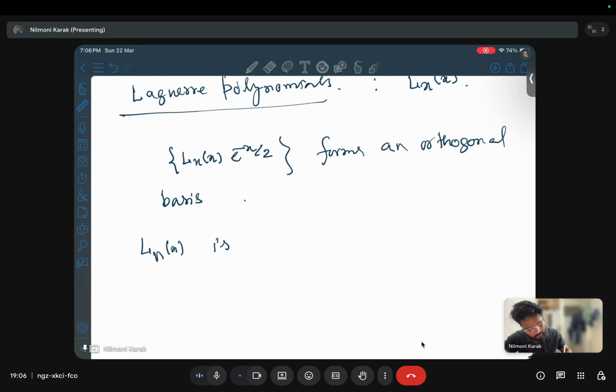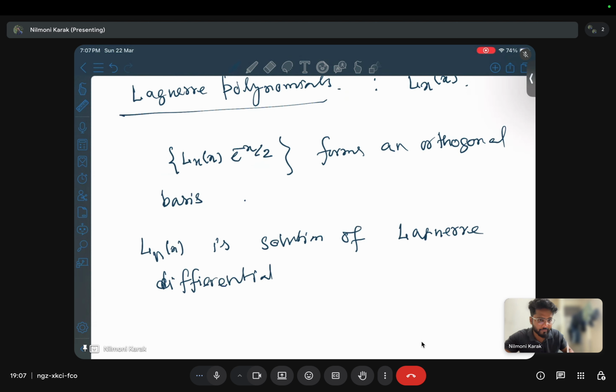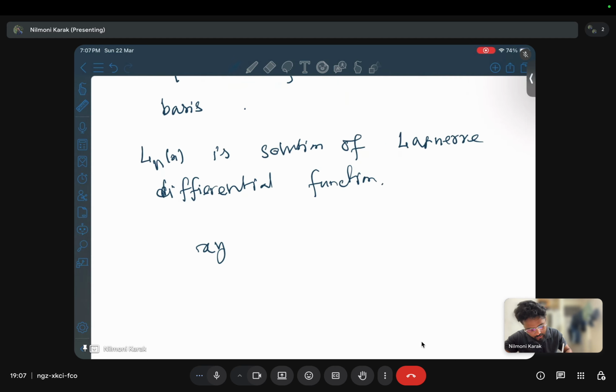This is a solution of the Lagrange differential equation: x y double dash plus (1 minus x) y dash plus lambda y equals 0.